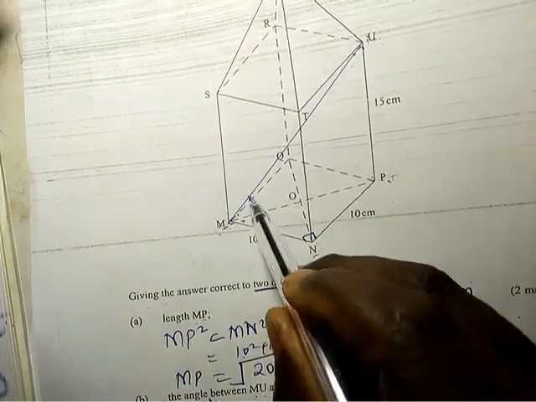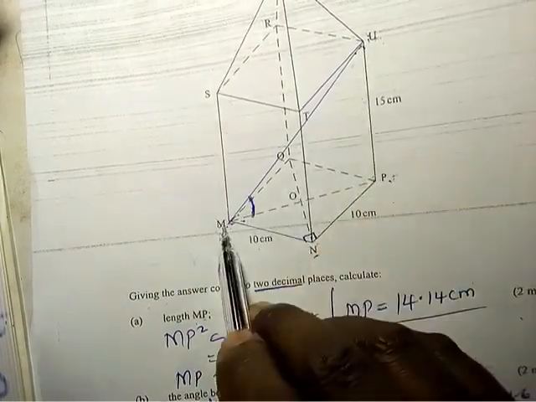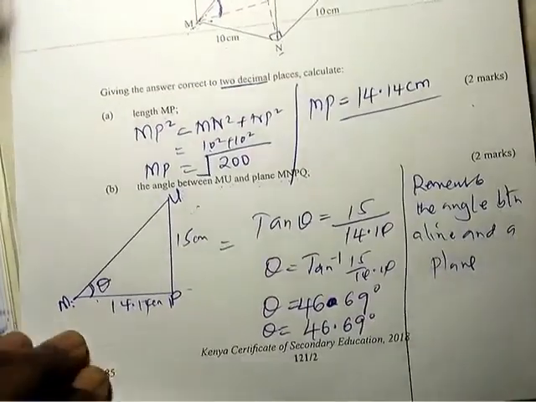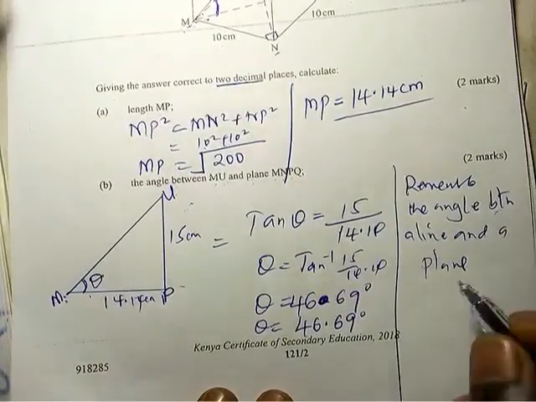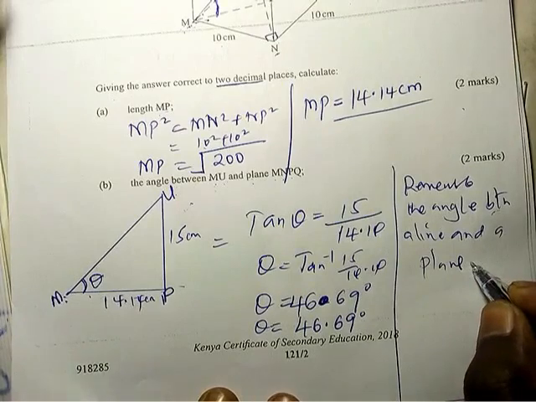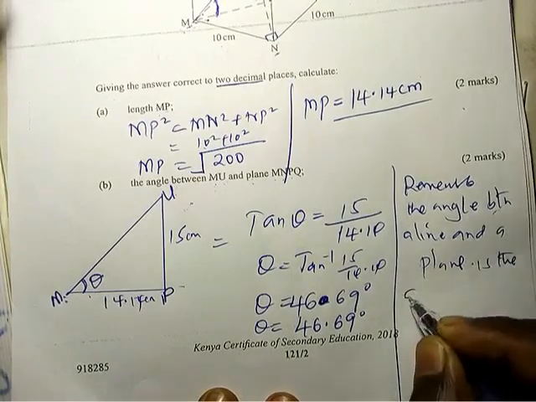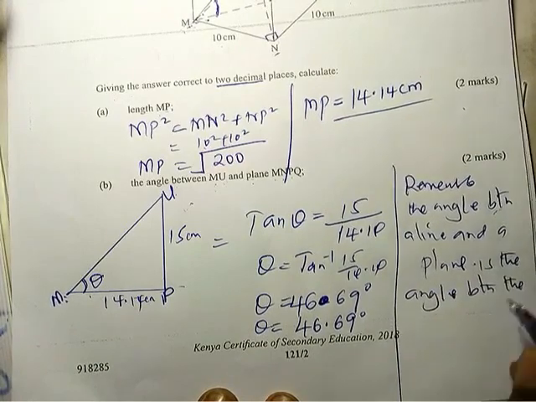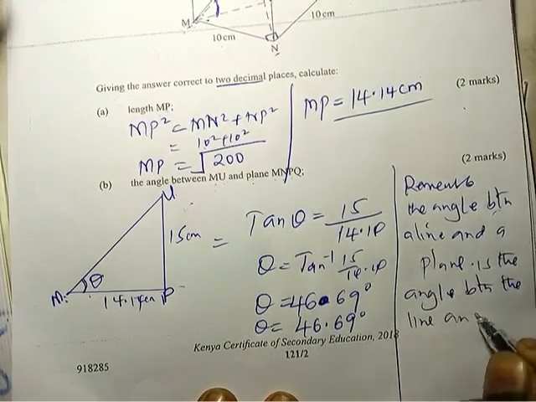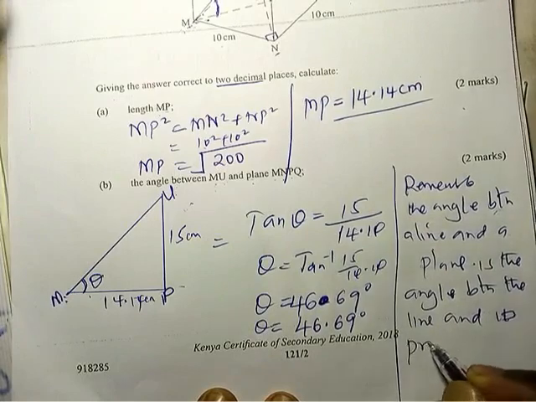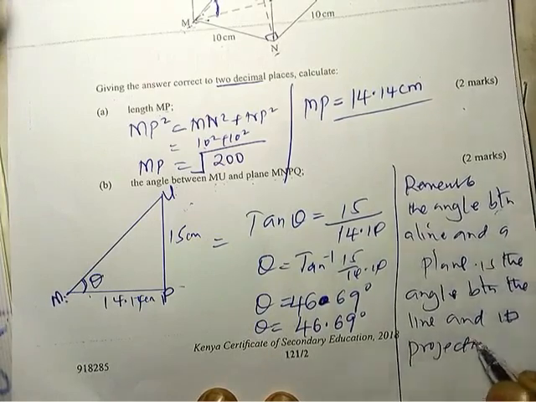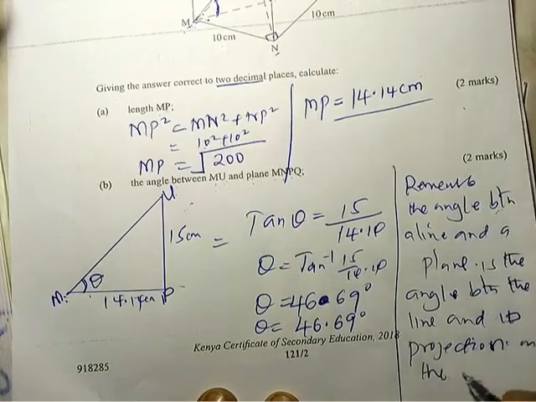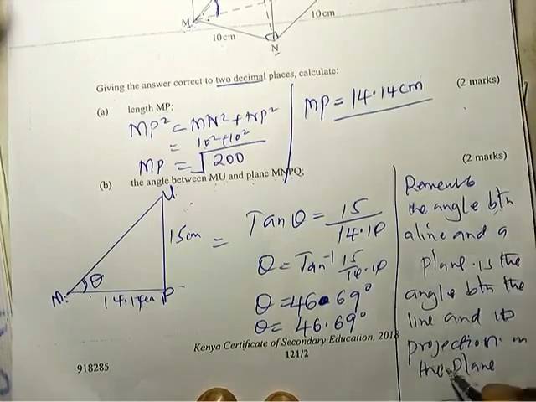So it is the angle between the line and its projection, where it lies on that plane. So this is what I want: between the line and the plane is the angle between the line and its projection. Projection, it is its shadow on the plane. Remember that.